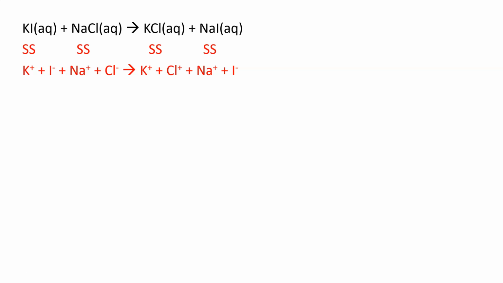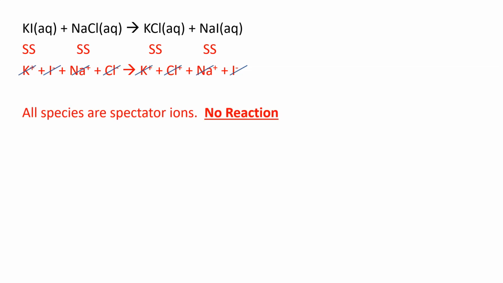Let's start canceling things out. Do I see K plus on both sides? Yes, I do. Do I see I minus on both sides? Yes. Na plus? Yes. Cl minus? Yes, I do. Well, everything just canceled out. So there is no reaction. If all the species are spectator ions, there is no reaction.